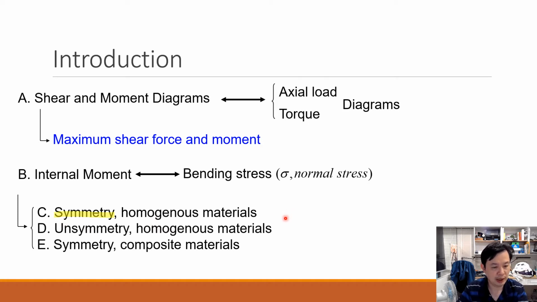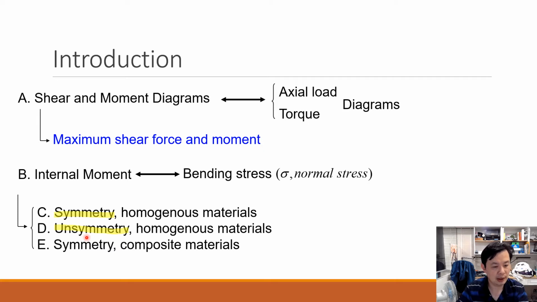Next one, if you have some more complex geometry like an unsymmetric cross-section, just like this one, then you can use the skill in these topics to solve them.